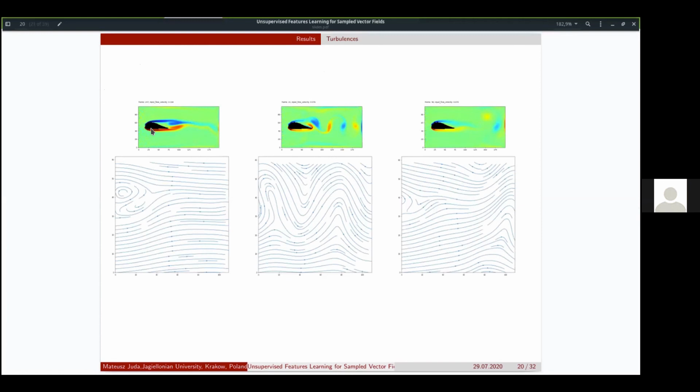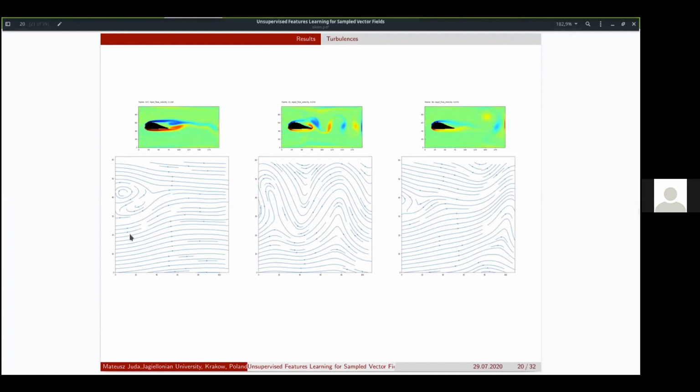At each time frame of the simulation, we can get a vector field, the velocity vector field of the airflow. Those are just three frames of the simulation. During the time, we modify the speed of the airflow, and we would like to observe the change of the airflow in the change of the embeddings of the vector fields.